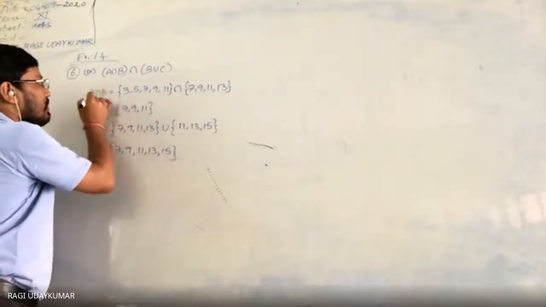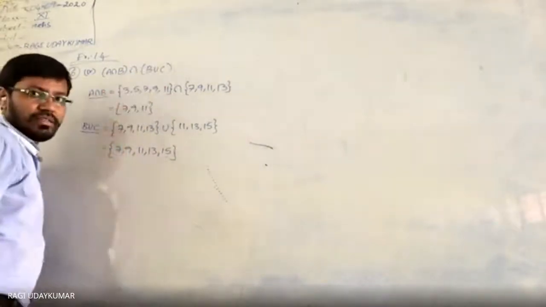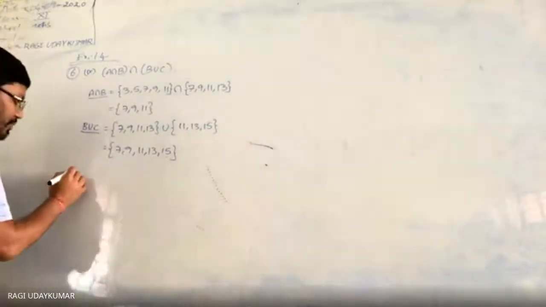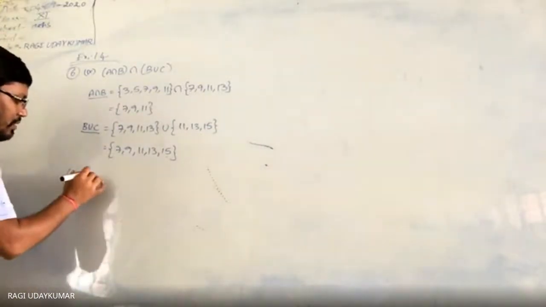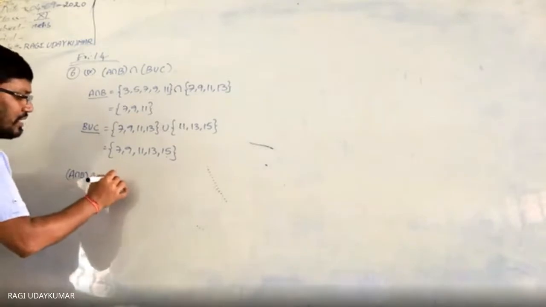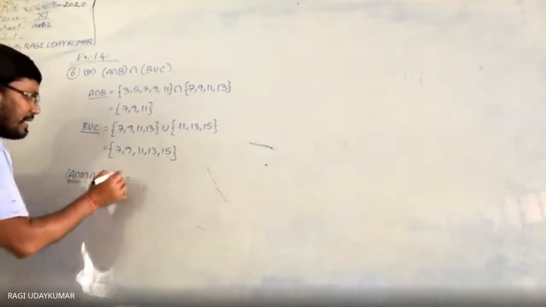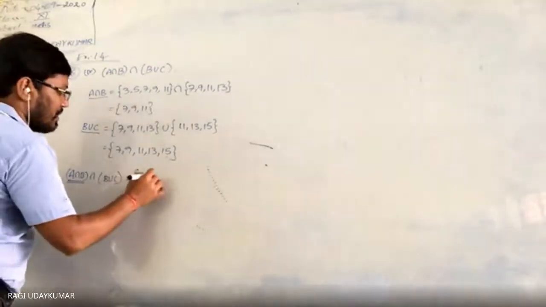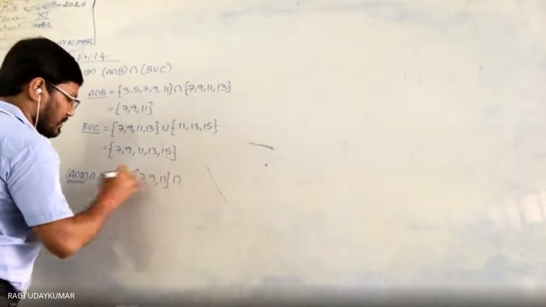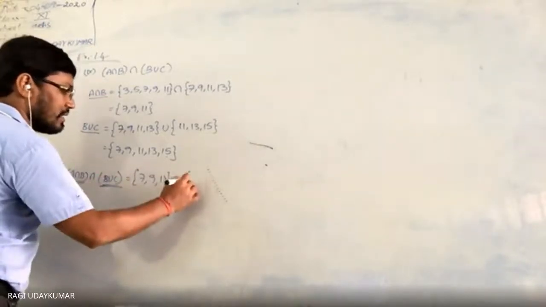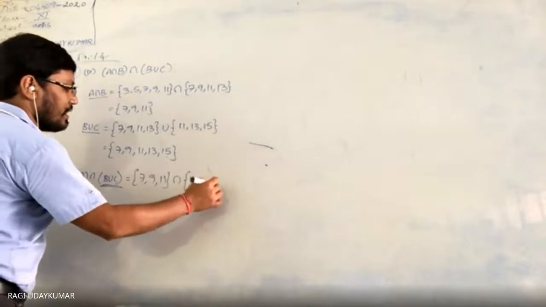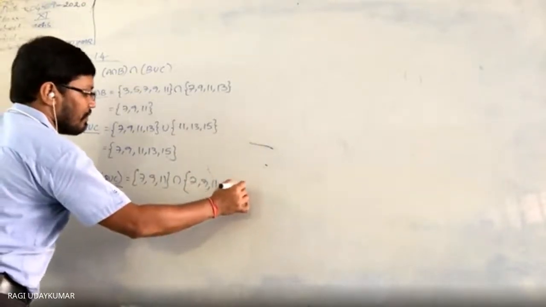Now the question is, the intersection of these two. So you write again, A intersection B union C is asked. So this set is already here, 7, 9, 11. Intersection, here. This set is here, 7, 9, 11, 13, 15.